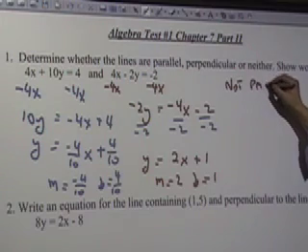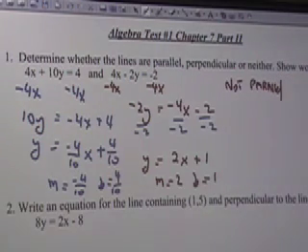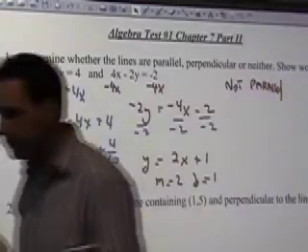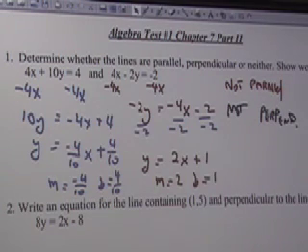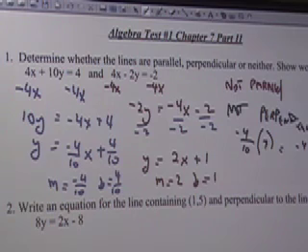Let's see what else we can find. They're not parallel, and they're not perpendicular because if they were perpendicular, the slopes would have to multiply to equal -1. Multiplying them gives -8 over 10, but that does not equal -1.